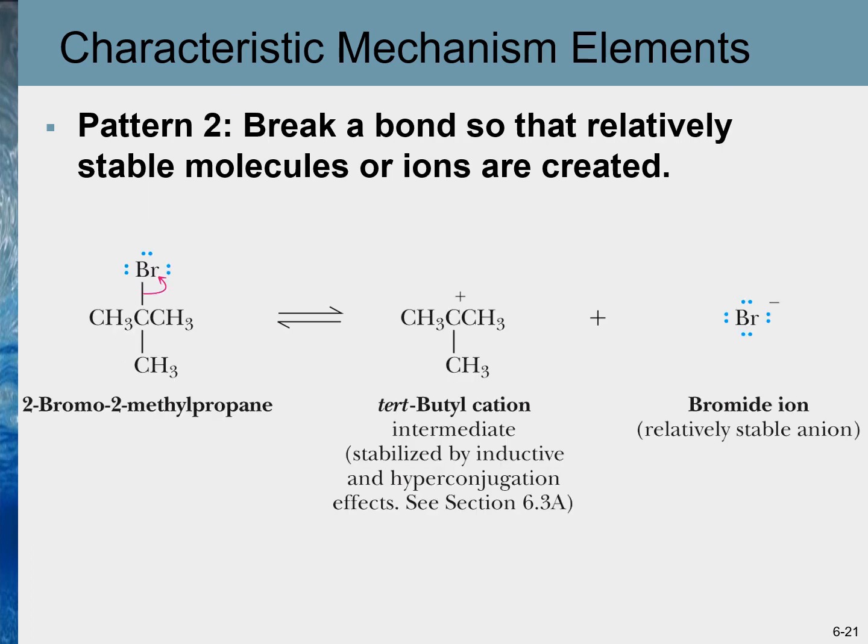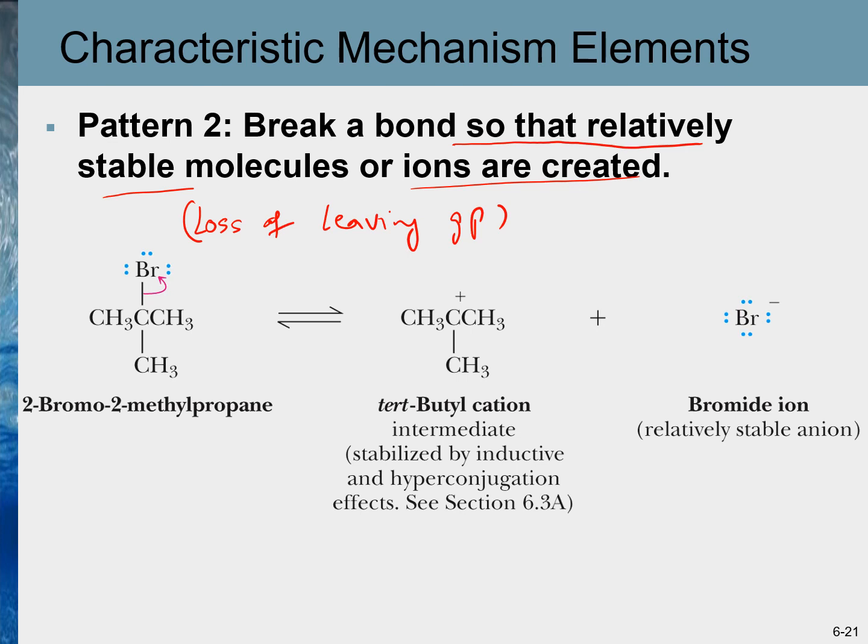Pattern 2 is the breaking of a sigma bond so that relatively stable molecules or ions are created. I call this a loss of leaving group. In this pattern, a leaving group will leave a molecule or an intermediate to form a relatively stable molecule or anion.